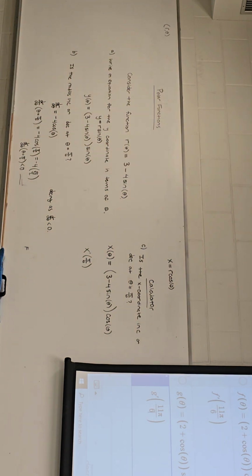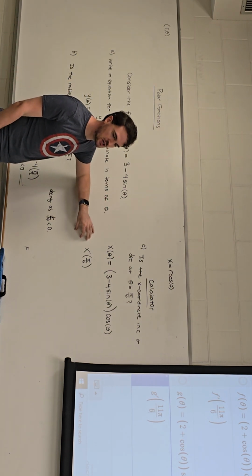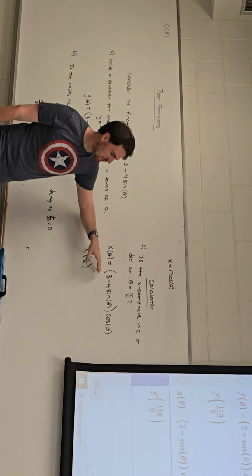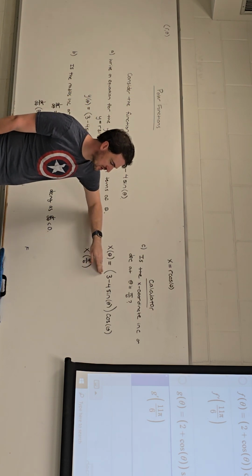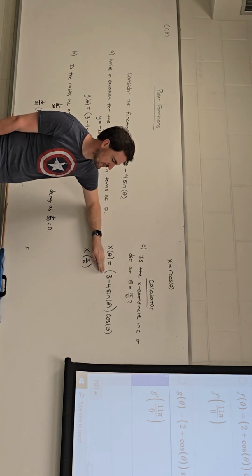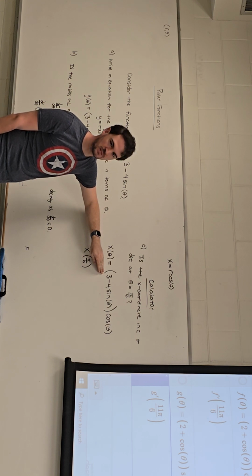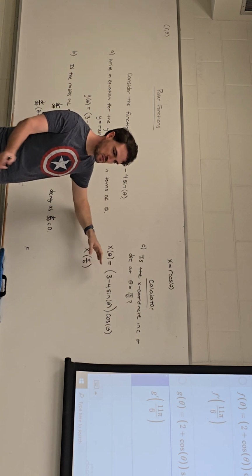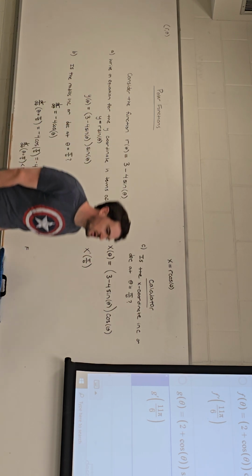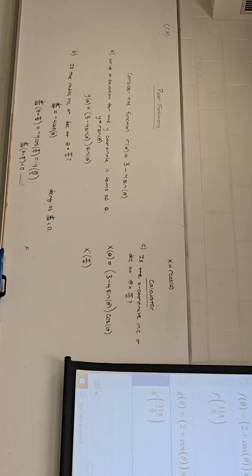Now, you might say, why is that a calculator question? Can't you take the derivative and plug in pi over 6? Sure, but what would I have to do to take the derivative of this? Yeah, you'd have to do a product rule. It doesn't mean it's impossible, we can do it, but we're more interested in the actual result.